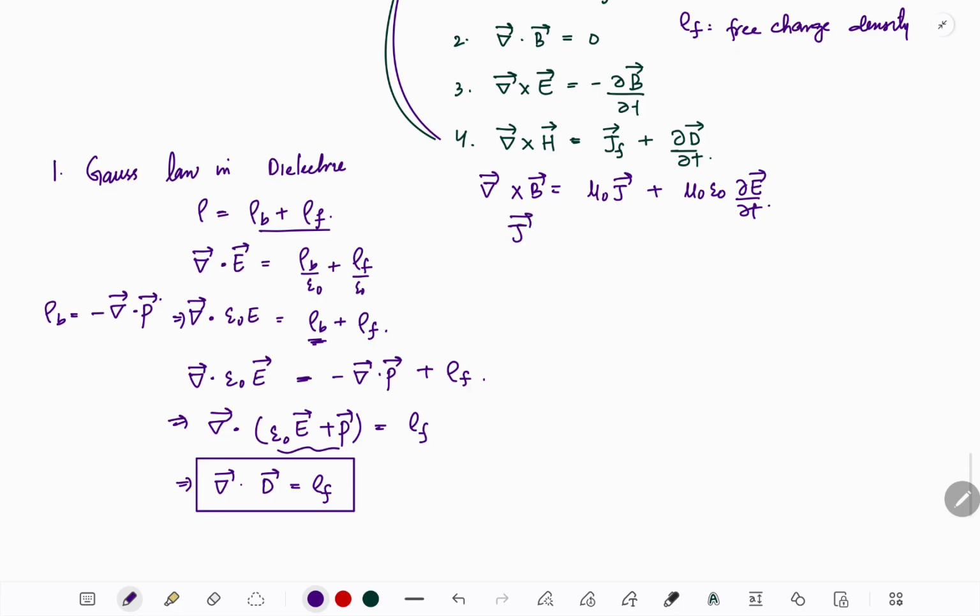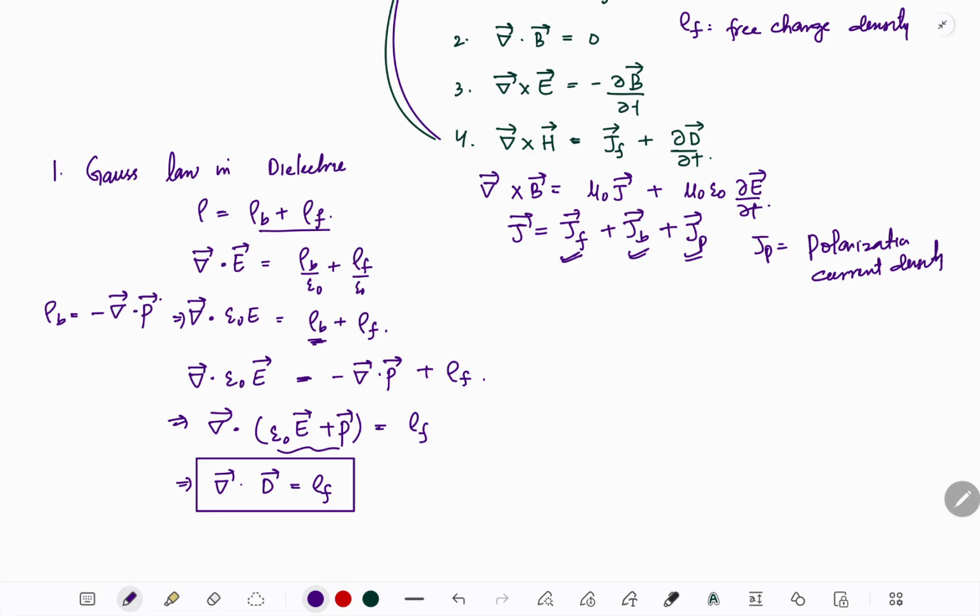So this J is actually J free plus J bound plus another one called the JP, which is the polarization current density. This one is the free current density, this one is the bound current density, and JP is the polarization current density.